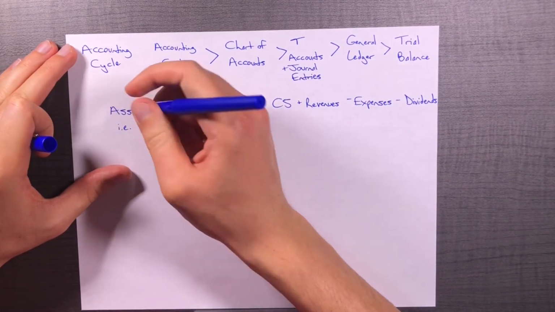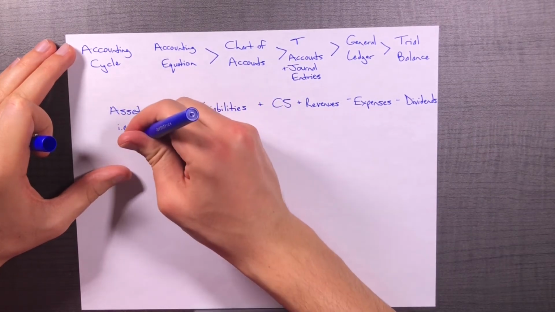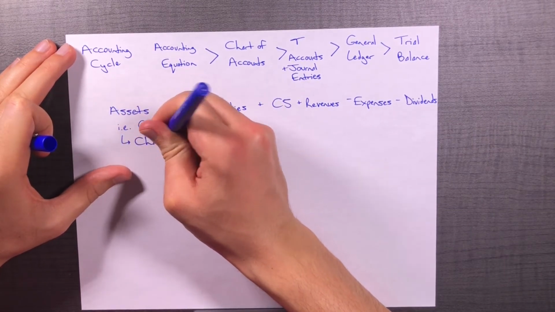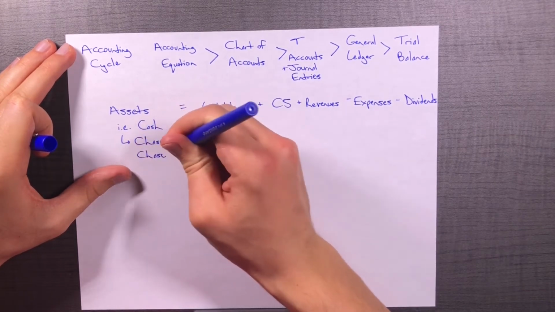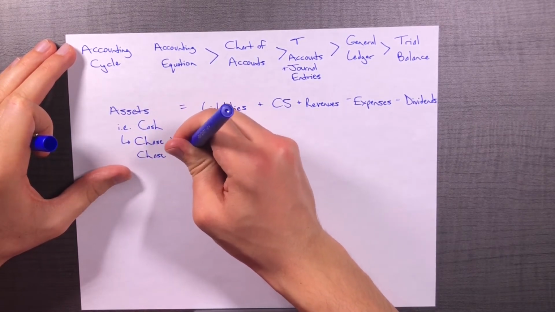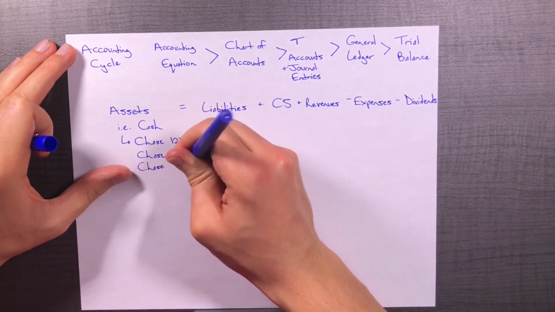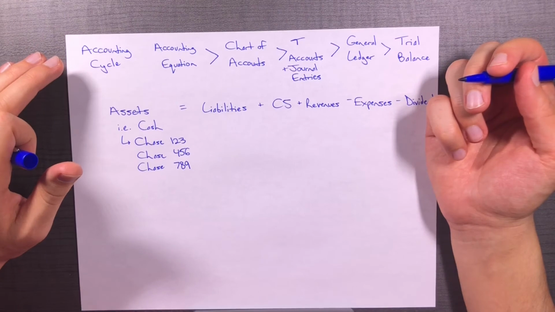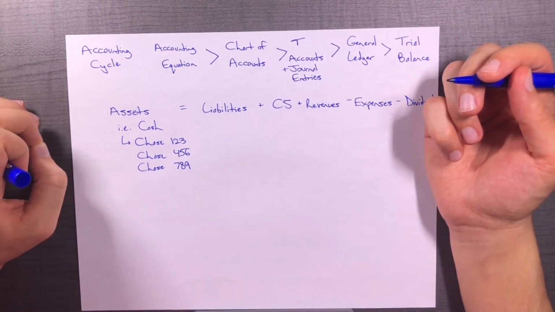For example, we could have 3 accounts for cash. Chase 123, Chase account ending 456, Chase account ending 789. For simplicity and learning purposes though, we're going to start with very basic and generic accounts and account names.